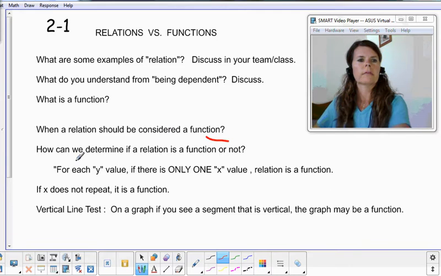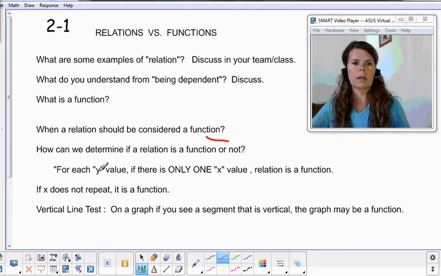Okay, how can we determine if a relation is a function or not? For each y value, there is only one x value relation, then the relation is a function. And really, I think it's clear if we say for each, because this says for each y value, there's only one x value. Okay, so let's look at different y values. So let's say we have a 6 y value and a 7 y value, so these are our y's.